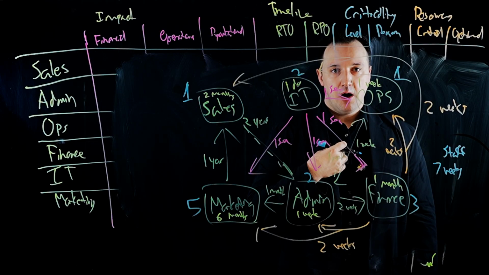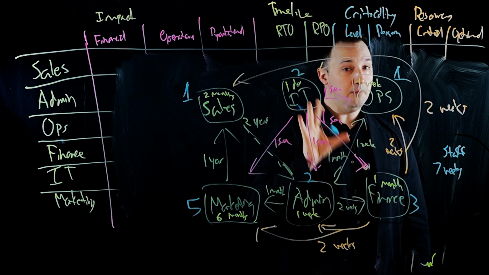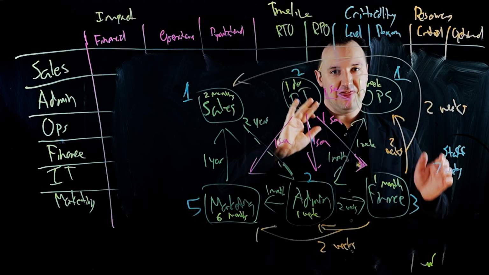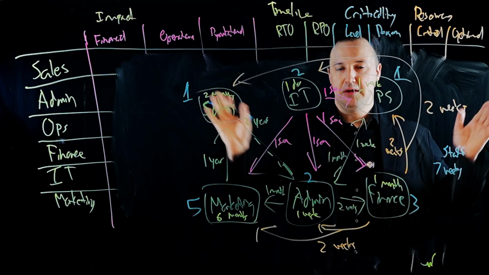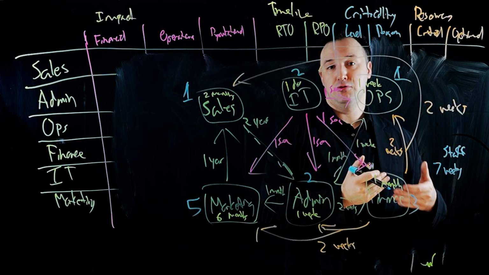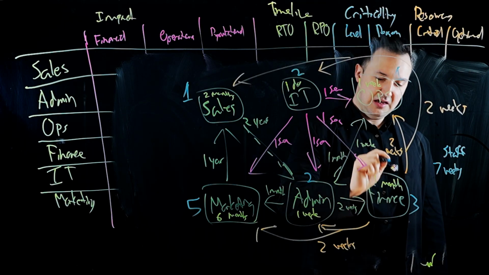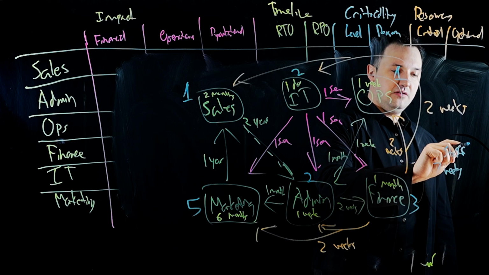I will probably come up with a different number than a client comes up with, but whatever the client thinks is reality, that's it, okay? If they say that this is the time, then it's the time. You can do a bit of pushback and say, well, what about? But if at the end of the day they say, look, this happens after a month and this is 2 weeks, then those are the numbers they tell you.